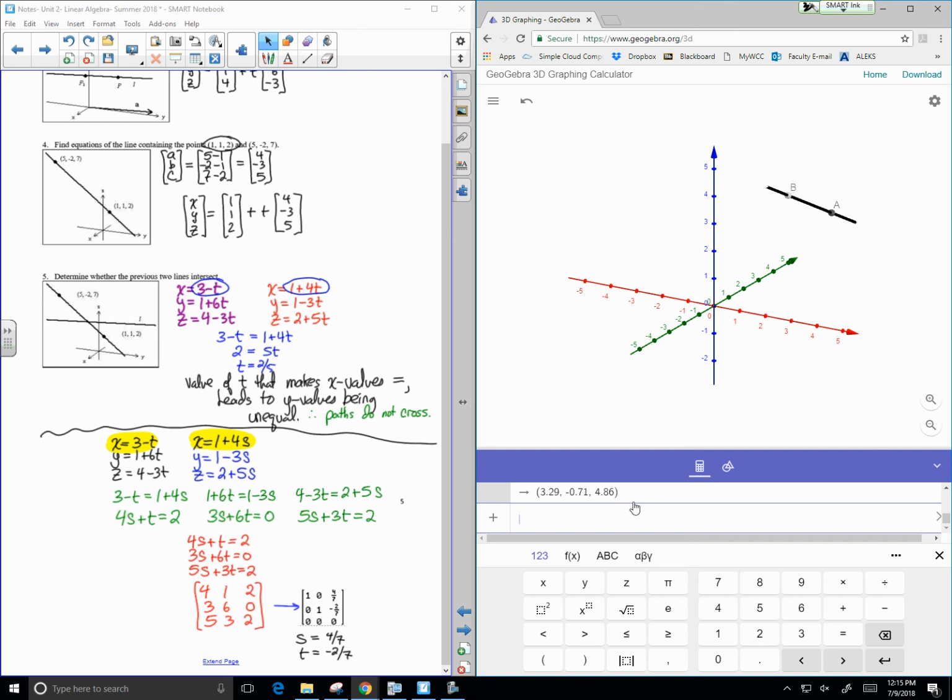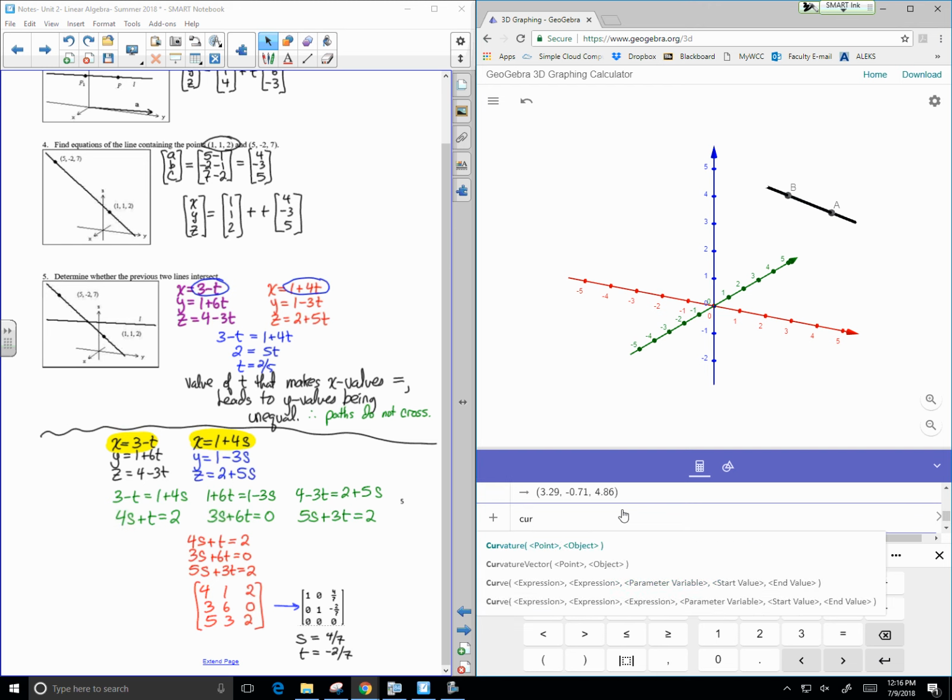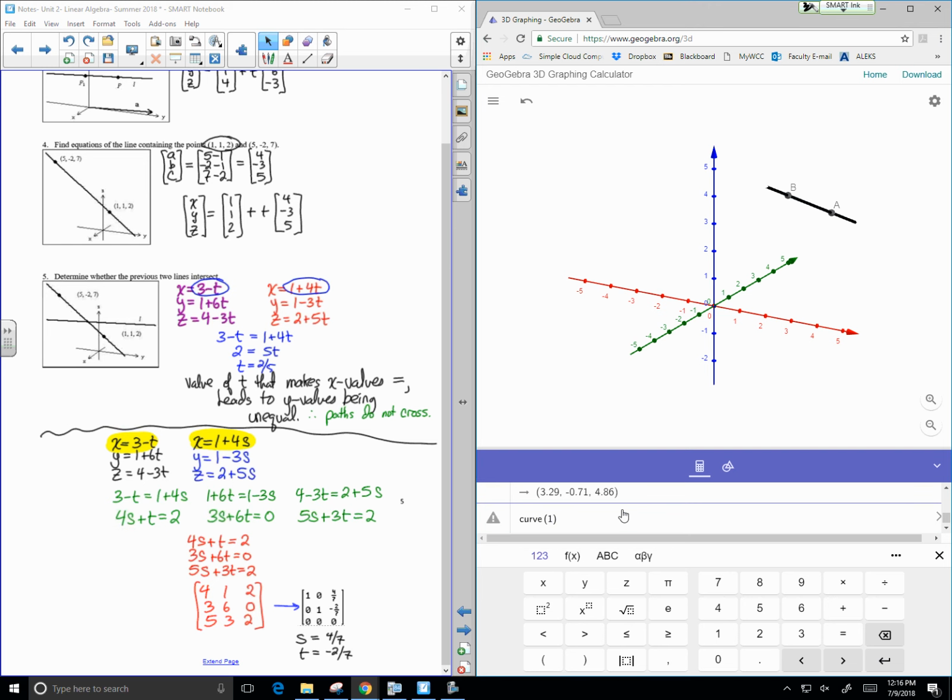All right. So then my second equation, curve, 1 plus 4s, comma 1 minus 3s, comma 2 plus 5s, comma s, comma negative 10 to whatever. You want to go negative 100 to 100, that's fine too. All right, looks like they're crossing at B, which is what I put in.